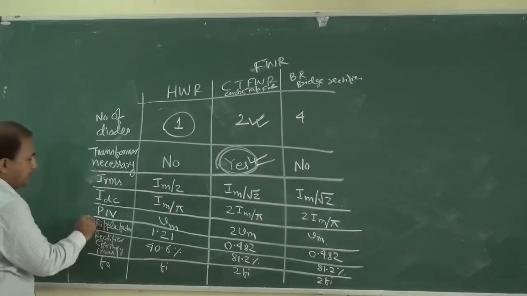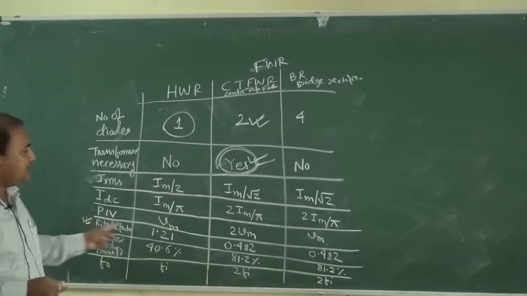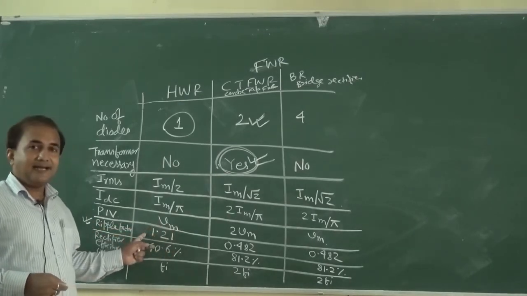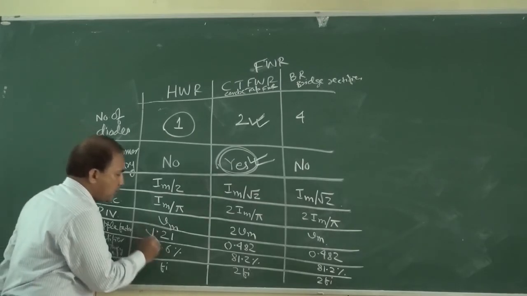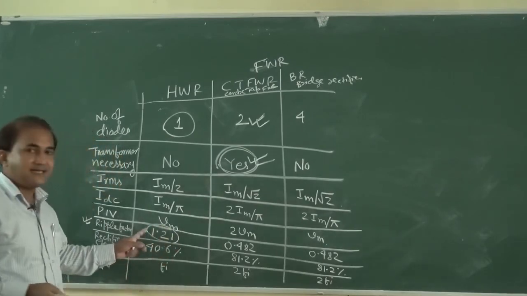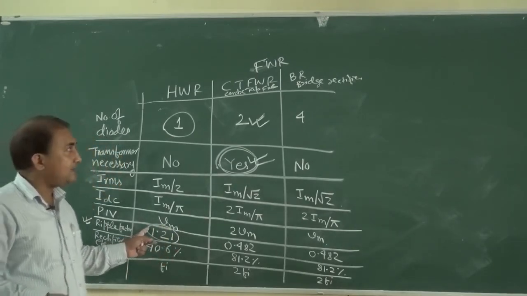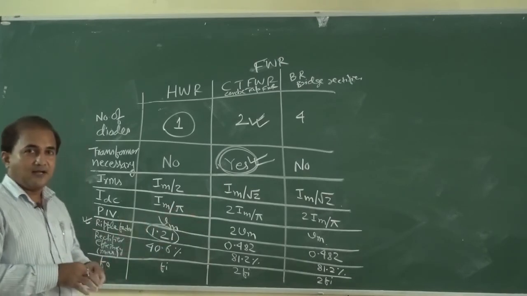Then ripple factor. In case of half wave rectifier, it is 1.21, and it is very high as compared to full wave rectifier.